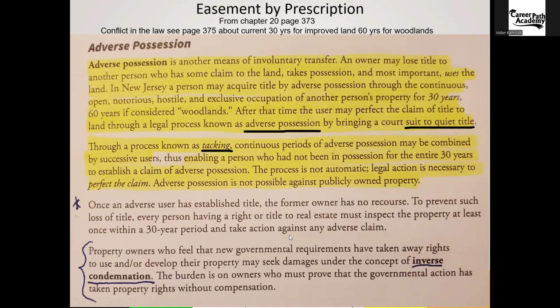Property owners who feel the new government requirements, because they put so many laws and rules in place, have taken away their rights to use or develop their property, they could seek damages under the concept known as inverse condemnation. Now, the burden is on the owners, who must prove the government's action has taken the rights without compensation.